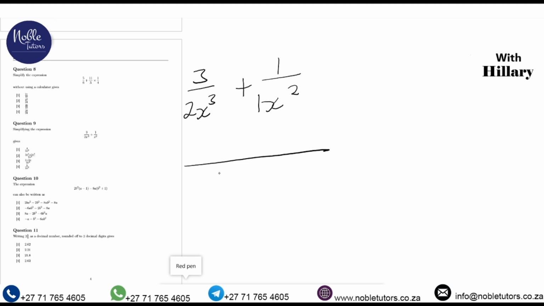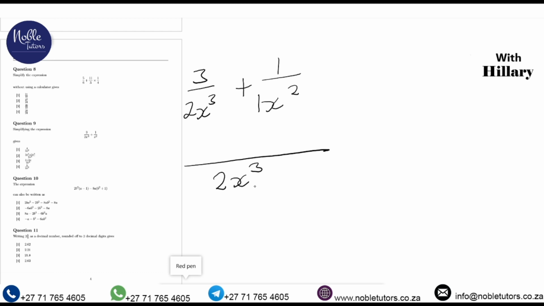So our common denominator in terms of the number is 2. Then we said whenever you're looking for a lowest common multiple of a variable, you just take the variable with the highest exponent, which is x to the power 3. So this is our lowest common multiple of these two terms. Once we have this, we then need to move on to apply the concept.